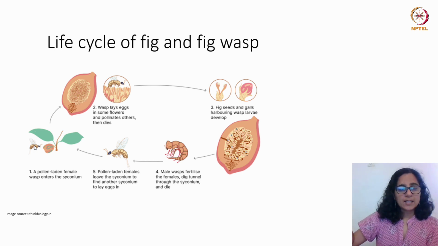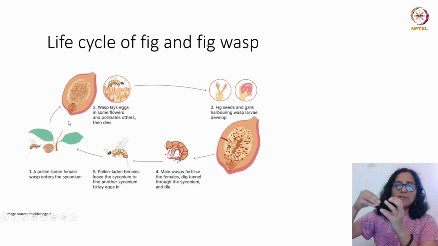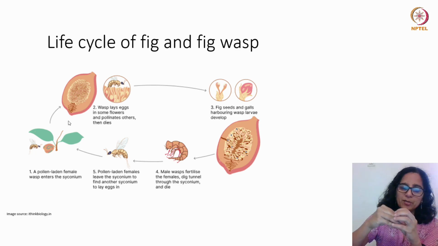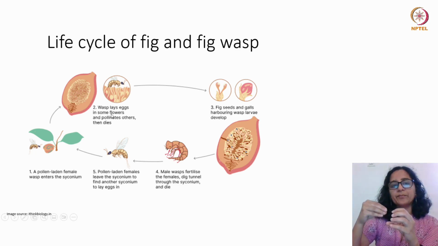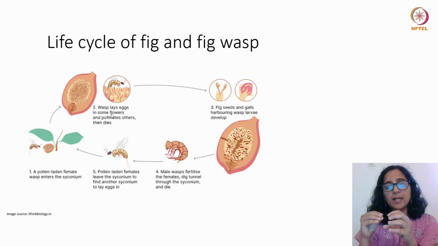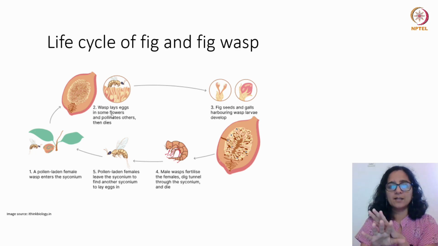A female wasp enters the syconium through that ostiole, and then it lays eggs in some of the flowers, pollinates some other flowers, and then it dies. That's what the female wasp does.